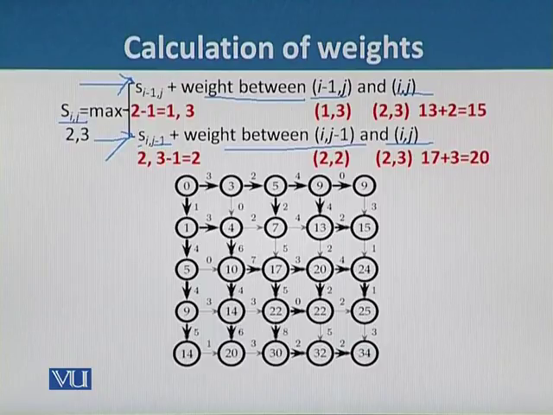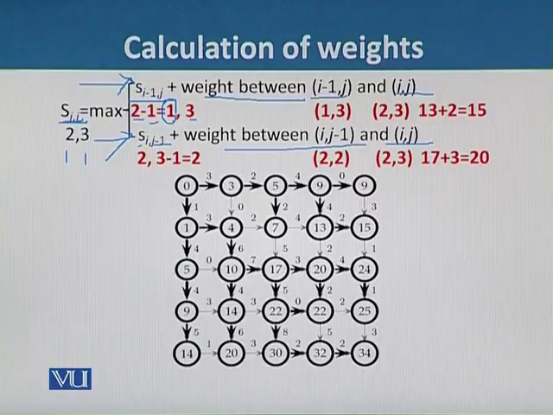So if we consider the value of I and j here as 2 and 3, then if we want to calculate Si minus 1, j, because we have to minus 1 from the value of I, which is 2, it will be calculated as 1, and the original value of j will be 3, so 1, 3.